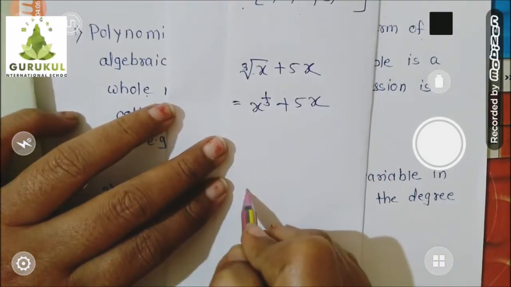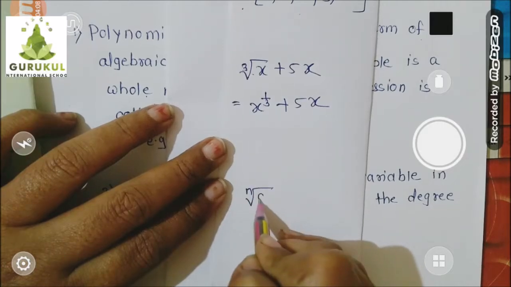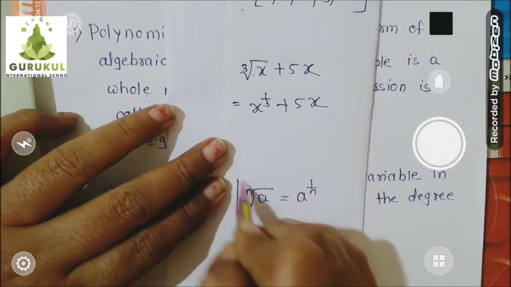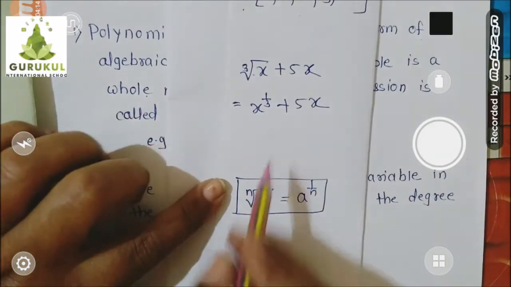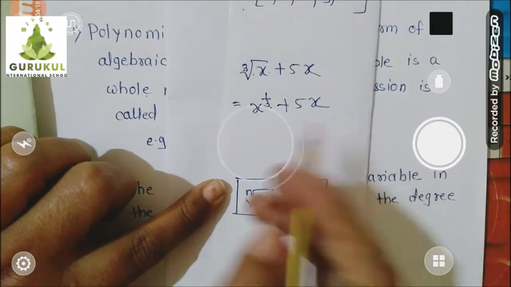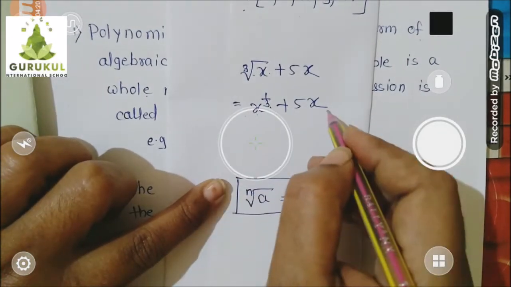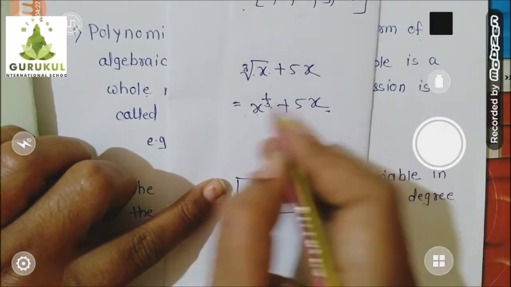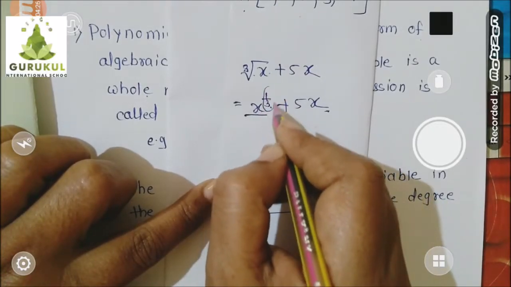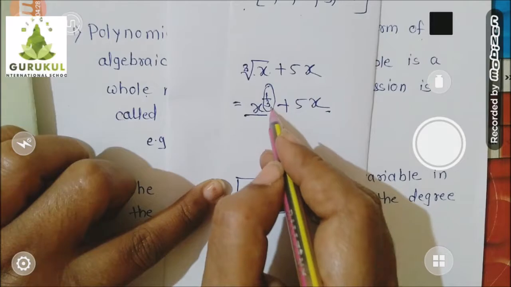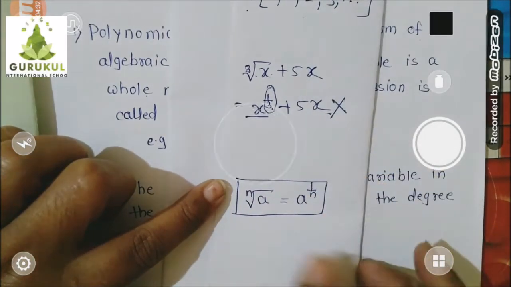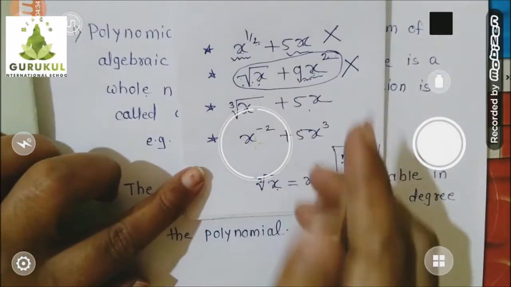Again I applied the same formula: nth root of a is equal to a raised to 1 upon n. This is the law of indices. So cube root of x is nothing but x raised to 1 upon 3. Now tell me, is it a polynomial? The answer is no, because in this term, the index of the variable x is not a whole number. 1 upon 3 is not a whole number, and that's why this is not a polynomial.